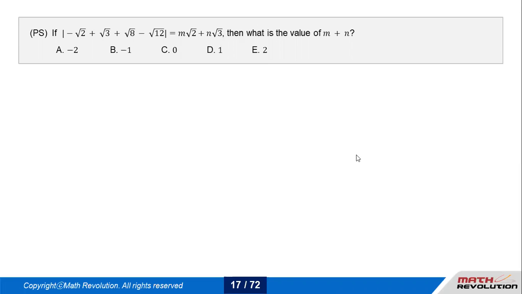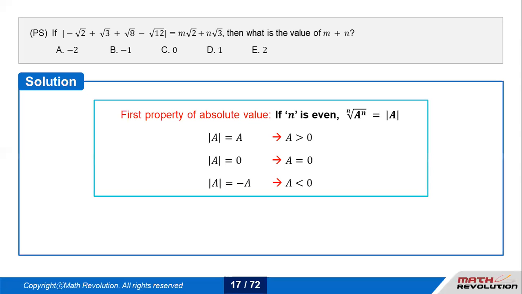Now, one basic smart idea to find the values of m and n, which are the coefficients of square root 2 and square root 3 respectively, is to write the left hand side in the same format so that I can compare the coefficients. That is the only possible way I can solve this question in a fraction of a second, or maybe a minute. So I'll quickly not waste our time.